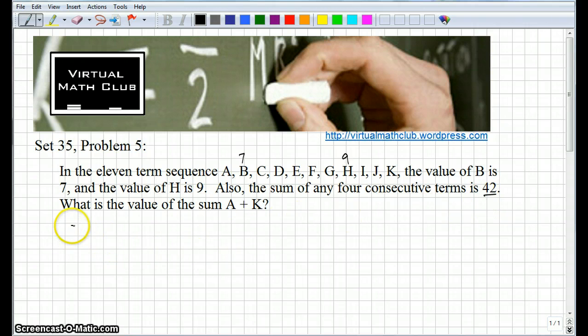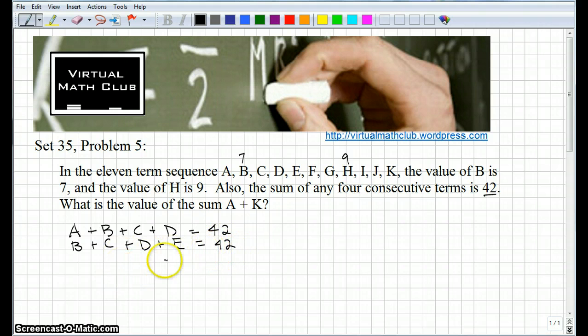So let's just start writing out what that means. That means that A plus B plus C plus D is equal to 42, right? And if we take B plus C plus D plus E, we get 42.